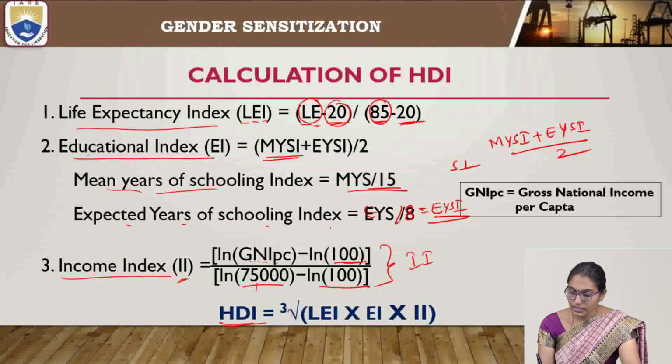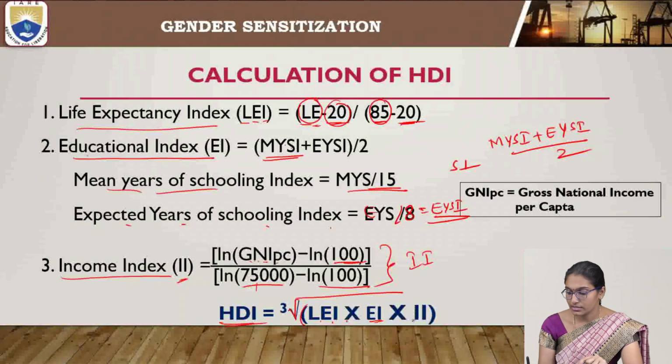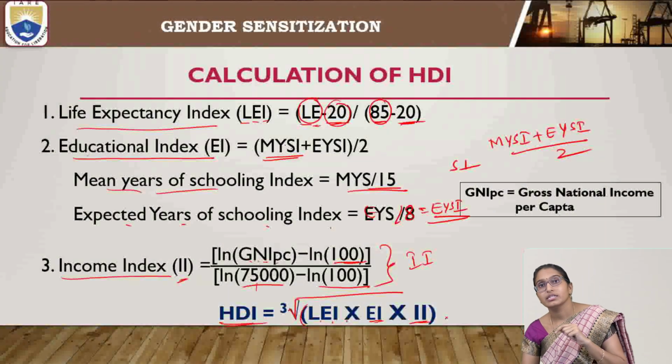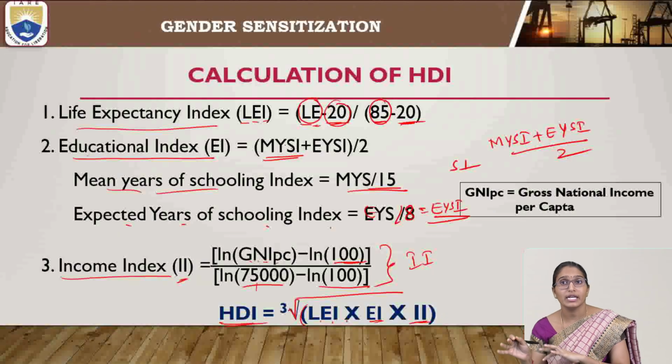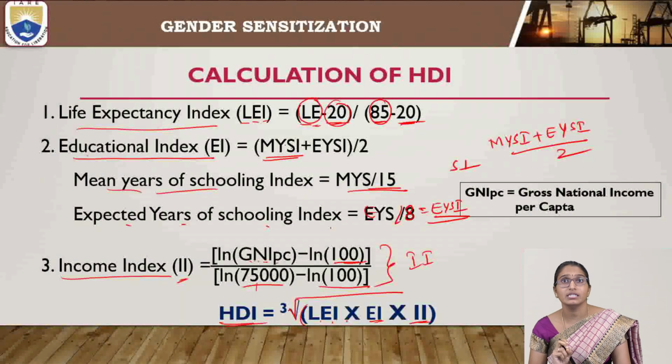So what is this HDI? It is the cube root of the life expectancy index into the educational index into income index. So it is a multiplication of life expectancy index, educational index, and then income index.